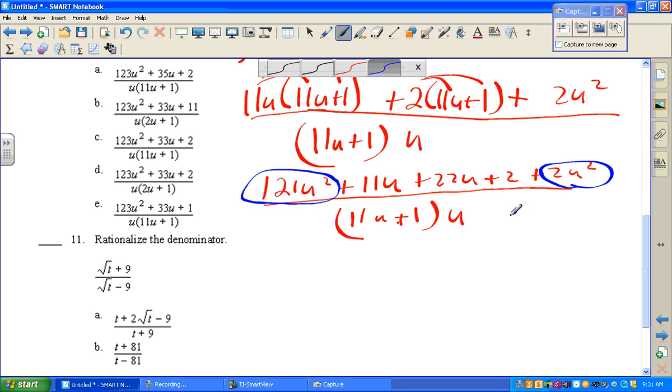B? No. C. Yeah, I think it is C, isn't it? Yeah. Anybody else come up with C? Well, because you got this one, then you got finally the constant. Yes. Okay. Good. Nicely done.